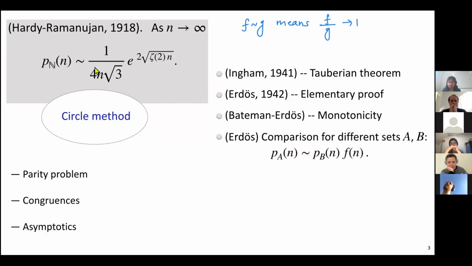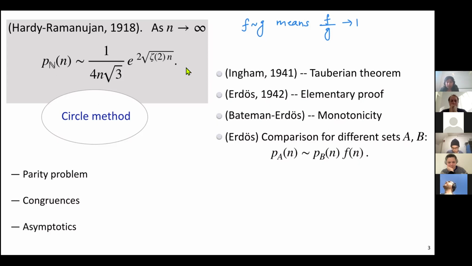So in this case, as n goes to infinity, this over this will go to 1. And this is where they originated the circle method. It has been modified to give many other asymptotics, and you could use it not just for partition asymptotics, but for some other problems, for example, Waring's problem and so on.